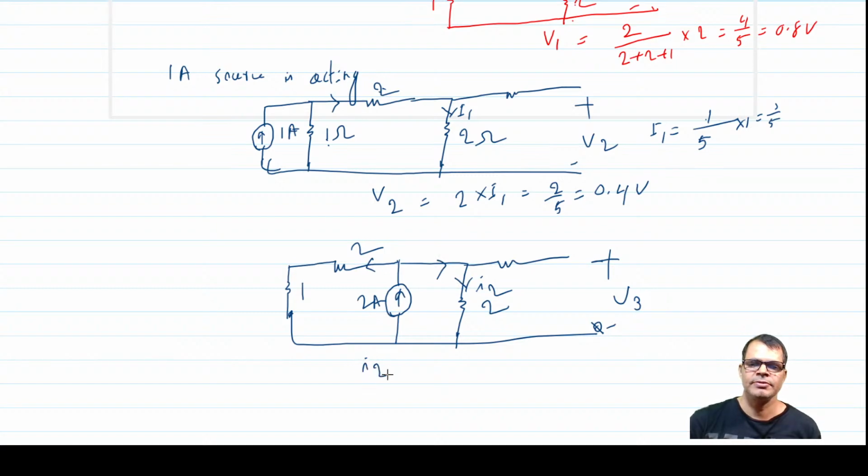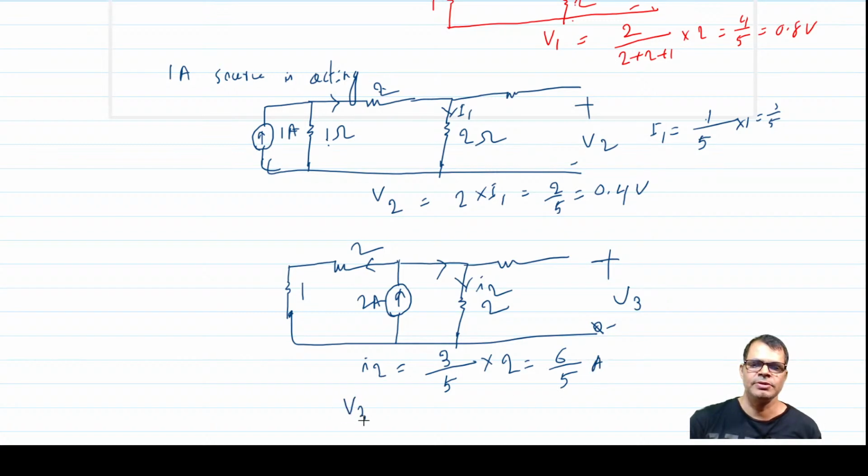So I2 is equal to 3 upon 5 into 2 ampere, that is 6 upon 5 ampere, right?